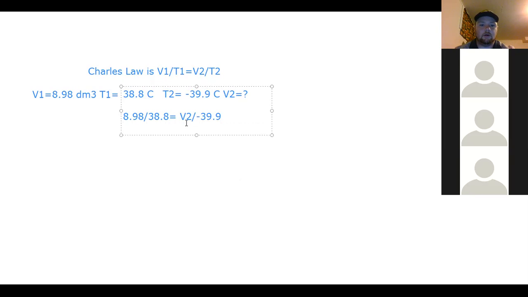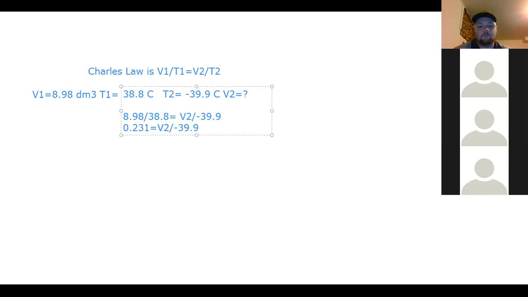So we'll have 0.231 equal to V2 divided by negative 39.9. We're going to have to figure this one out.